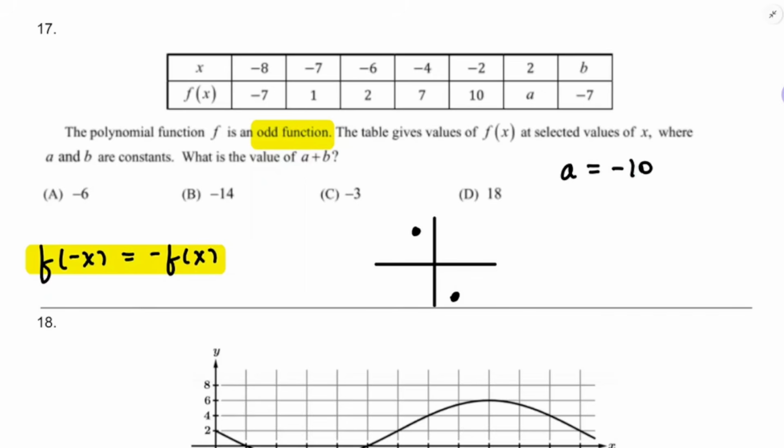What corresponds with b and -7? Probably something with an output value of positive 7. So -4 and 7 means positive 4, -7. So b equals positive 4, and -10 plus 4 is -6.